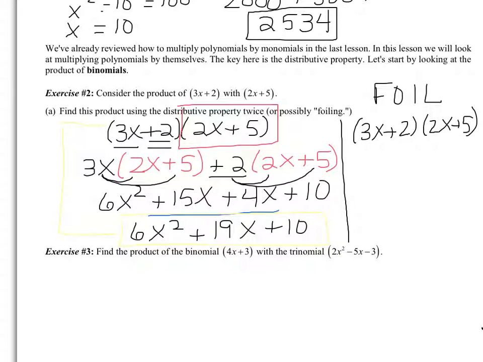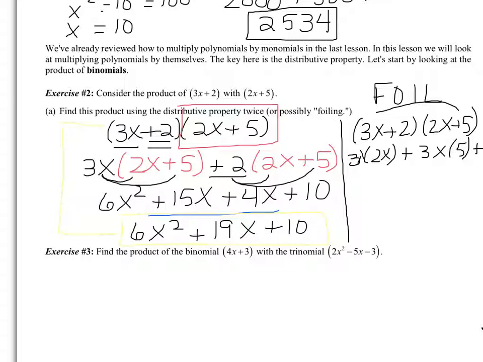F stands for first, so I'm going to take the first term in each set of parentheses and multiply it. Sorry, I forgot my x there. 3x times 2x. Then I'm going to multiply the two outside terms, which are the 3x and the 5.